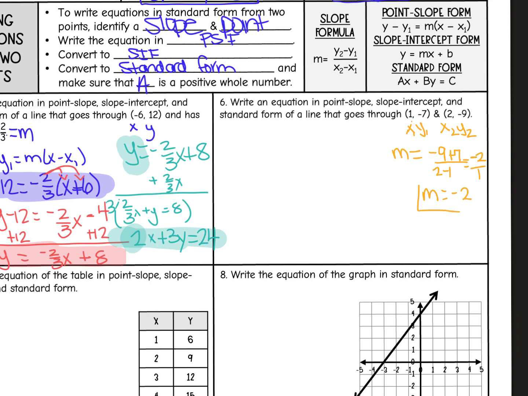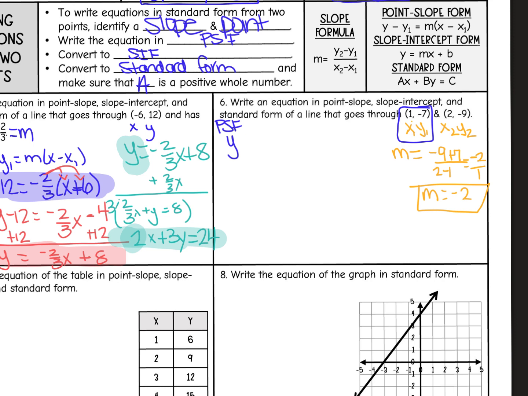Well, that's the great thing. Great thing is now I have a slope, and now I have 2 points to choose from. Okay, so I'm going to use my x1, y1. You could have used 2, 9. You could use your x2, y2, but only pick one. First thing I'm going to do, I'm going to write this into point slope form. So I have my y minus my y1.